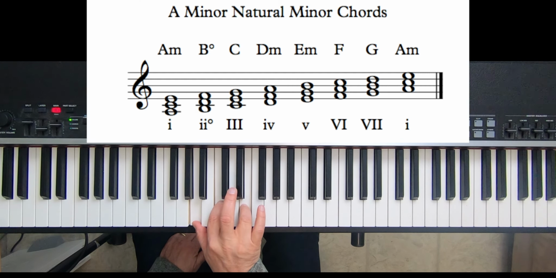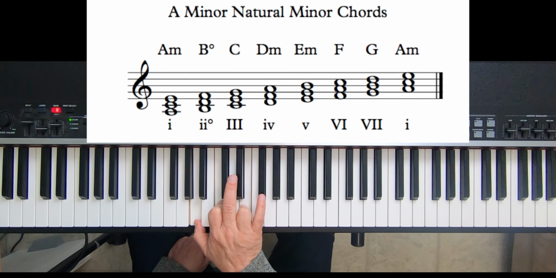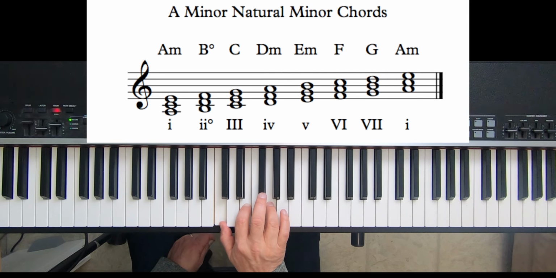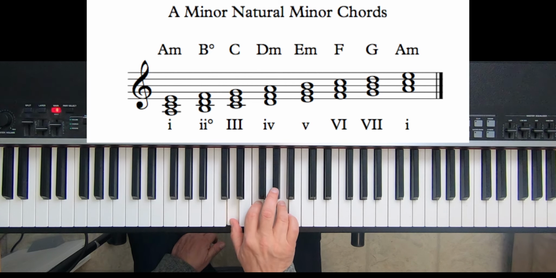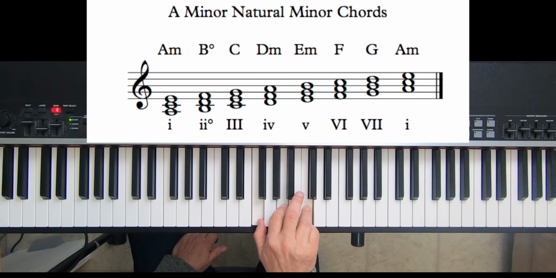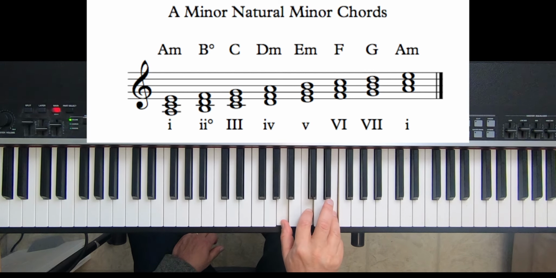So this is the A minor chord, and you'll notice I also used little Roman numeral or lowercase Roman numeral 1, and then B diminished or lowercase Roman numeral 2 with a little circle that denotes a diminished chord, C major or uppercase Roman numeral 3, D minor, lowercase Roman numeral 4, E minor, lowercase Roman numeral 5, F major, uppercase Roman numeral 6, G major, uppercase Roman numeral 7, and then we're back to A minor.